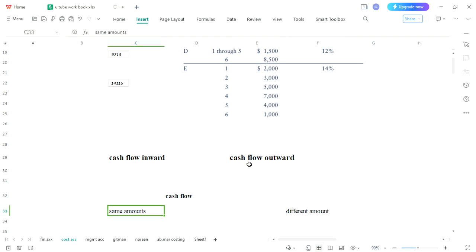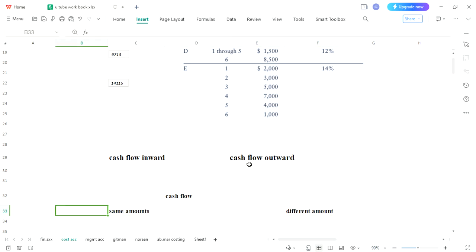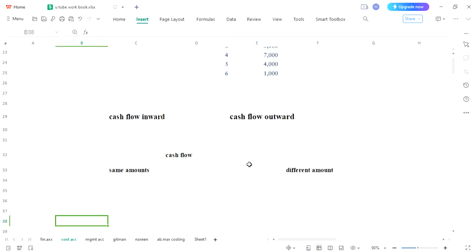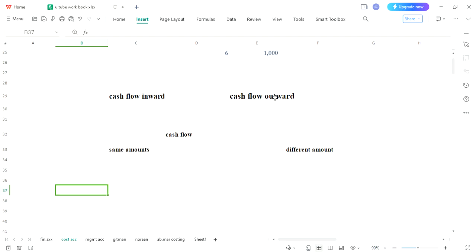These would be two categories with which you will decide how to solve your question. In case you have the same amount in all the cash flows, as I have shown you, these are three amounts but having the same values.